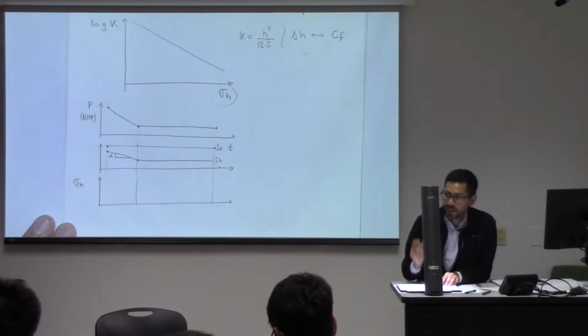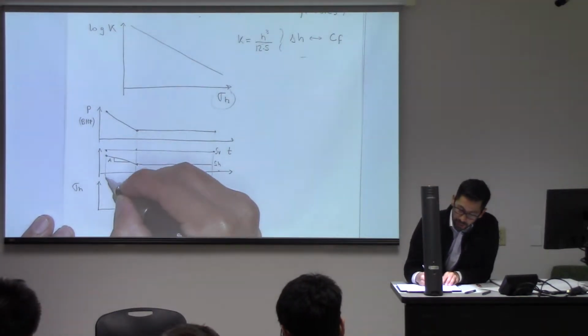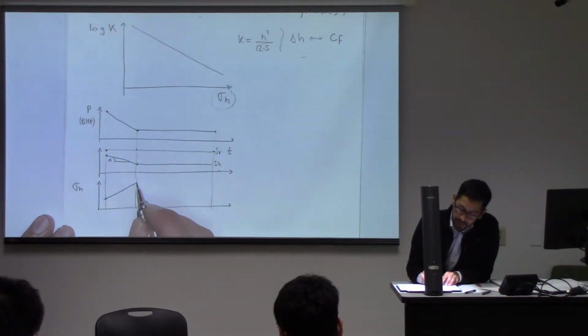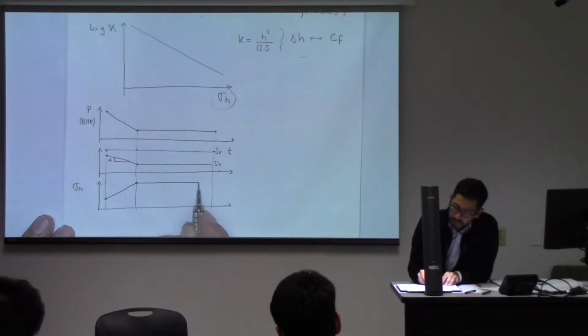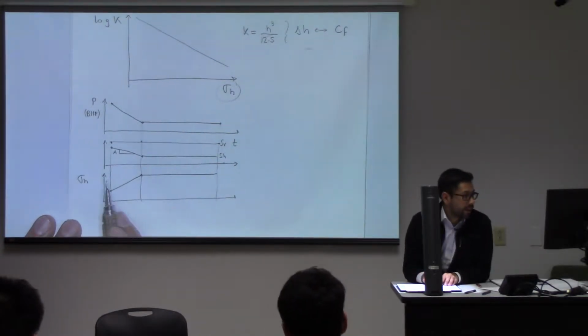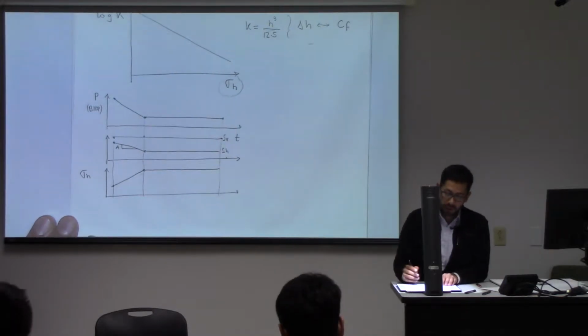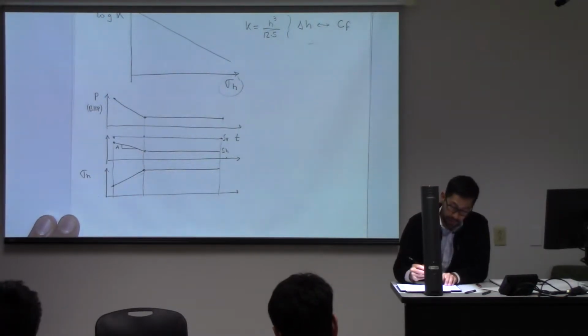No? It will always increase, okay? Effective stress, if you lower the pore pressure, is going to increase. And the vertical effective is also going to increase. It's going to increase even more, okay? But I'm not going to plot it over here.